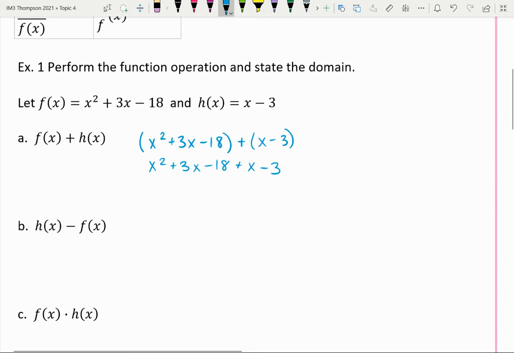And then I'm just looking for like terms like we've been doing for years. I only have 1x squared, but I've got 3x and x. 3x plus 1x gives me 4x, minus 18 minus 3 gives me a minus 21.